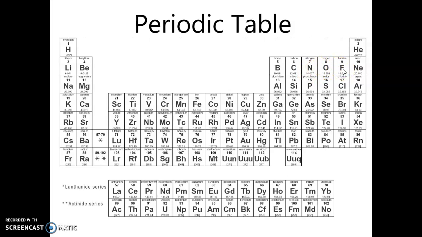Fluorine is F. Think about fluoridated water, for example. And down here we have phosphorus, which is a big water pollutant, symbolized with a capital P. Sulfur, also a pollutant, usually from burning coal, and that's with a capital S.